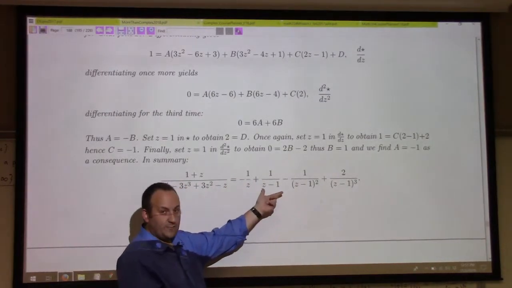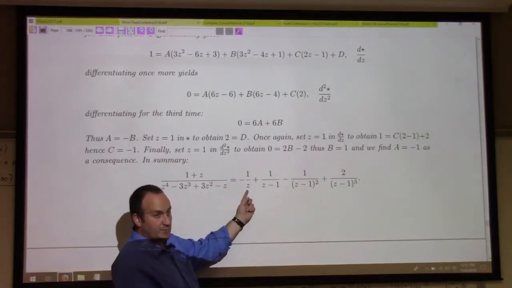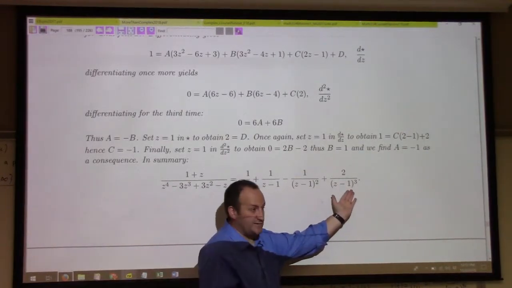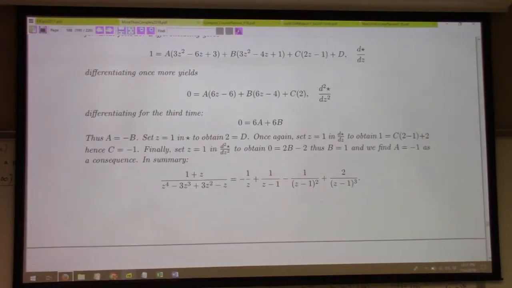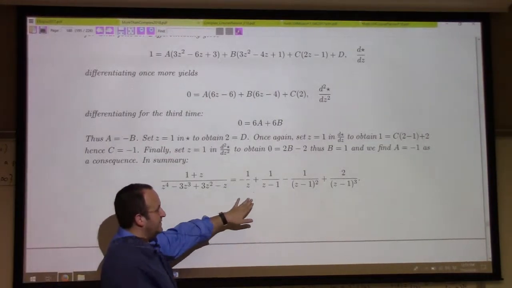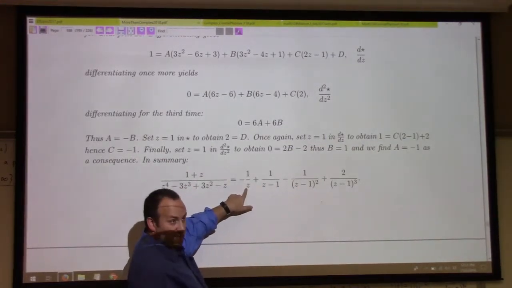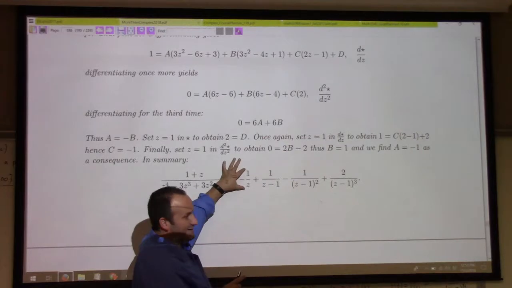I can also tell you that the pole has order 3 at 1 because this is the principal part. That's analytic at 1. On the other hand, it's a simple pole at z equal to 0 because this is analytic at 0. Then to find the Laurent series expansion at 1, I take this and rewrite it as a power series at 1. To find the Laurent series expansion at 0, this is already a Laurent term at 0.